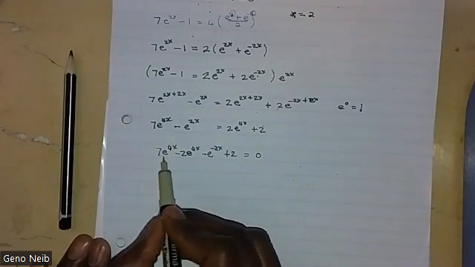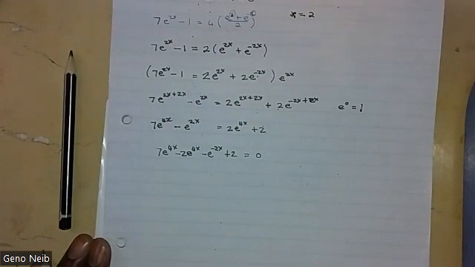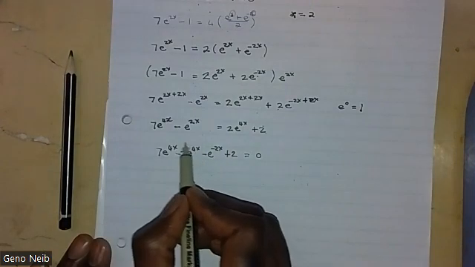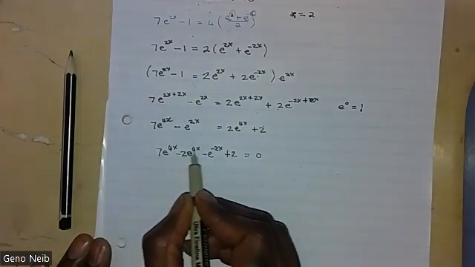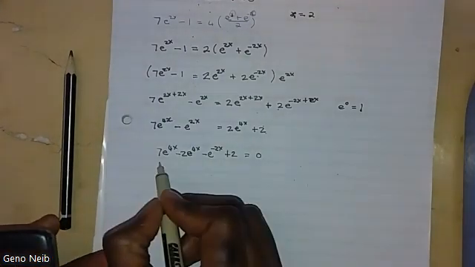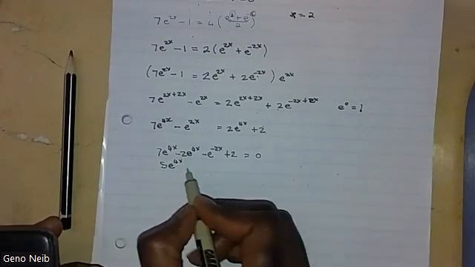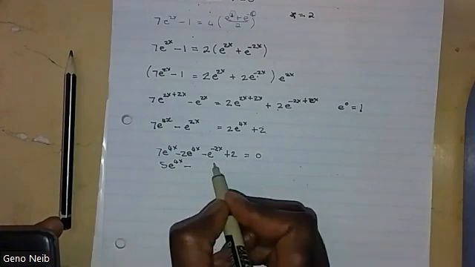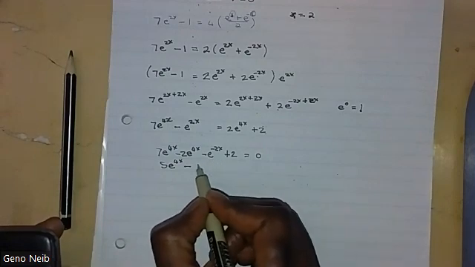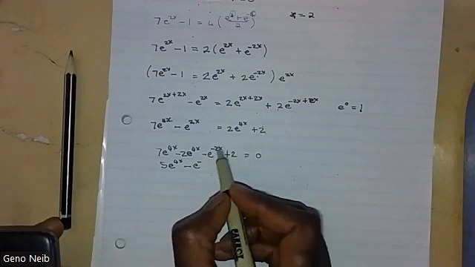Okay, we have 7e to the 4x and we have these. Since we have these, it will be 7 minus 2, which will be 5. So 5e to the 4x minus e to the 2x.